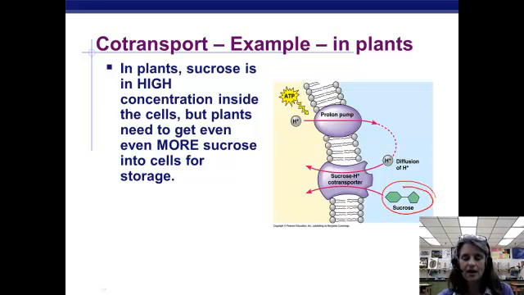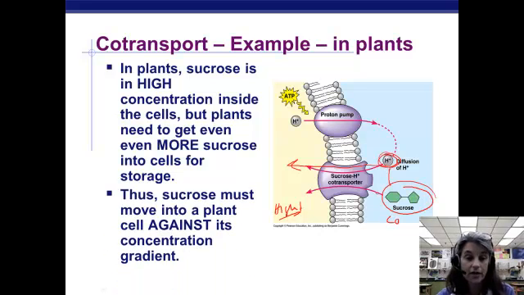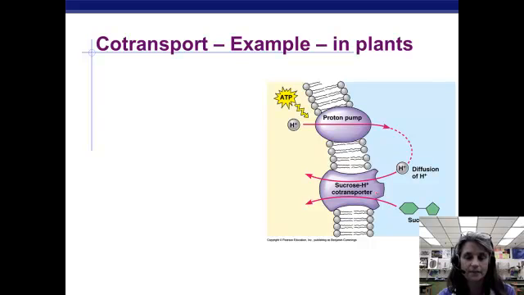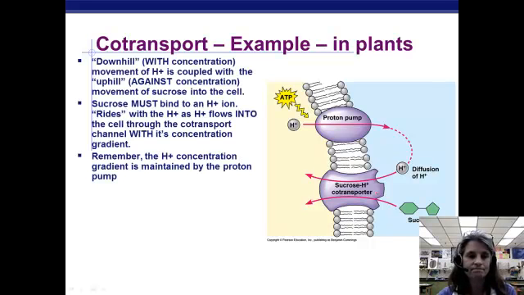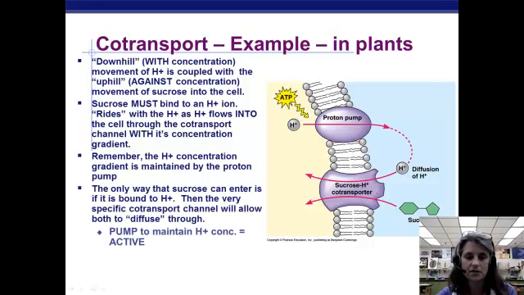It's in a lower concentration here. It's already in a very high concentration inside the root, so we're going to couple the flow of this with that, and this is going to essentially drag the sucrose through that special little transport channel against its own concentration gradient. So it's a lot of words. It's just repeating what we've already said.